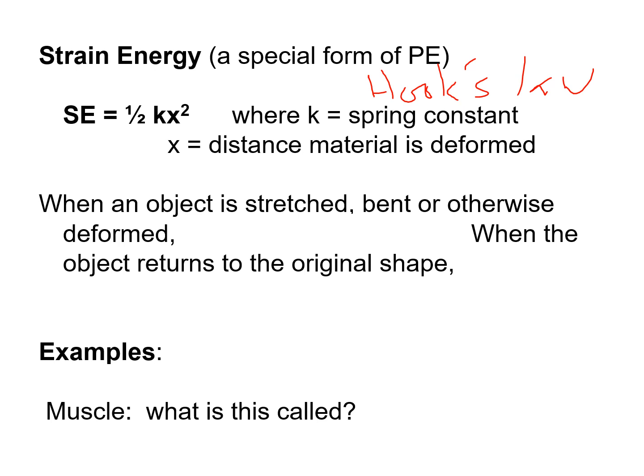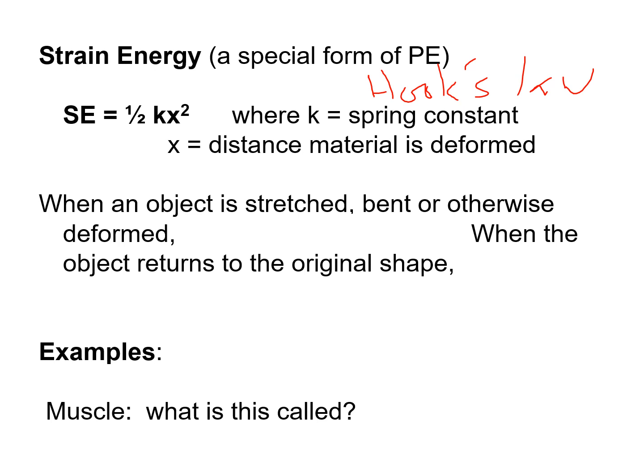So once again, in first year physics, the common example or lab you do is you take a spring and you stretch it out. As you stretch it out, you're storing strain energy into it. And as soon as that spring is released, it releases that strain energy.